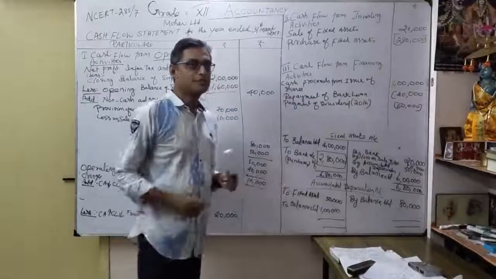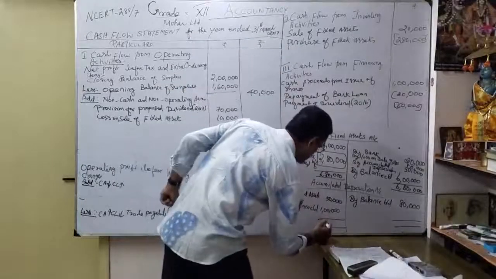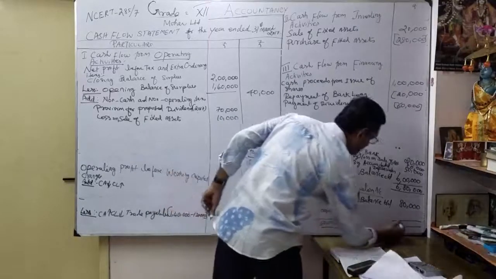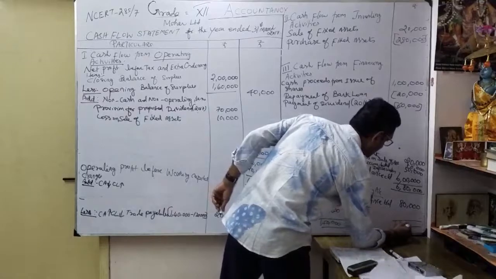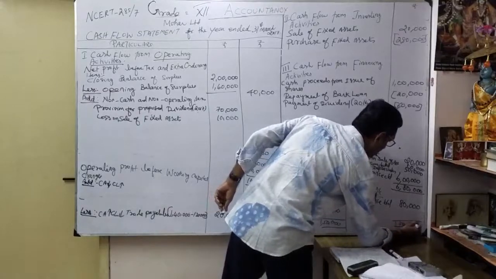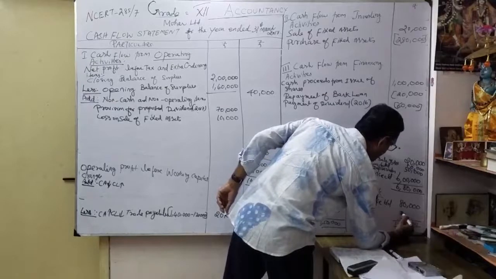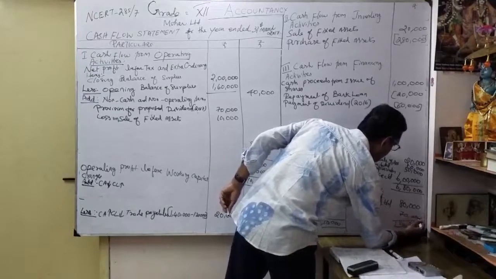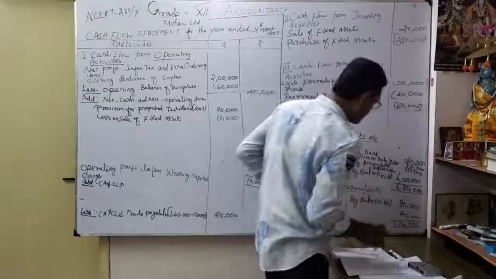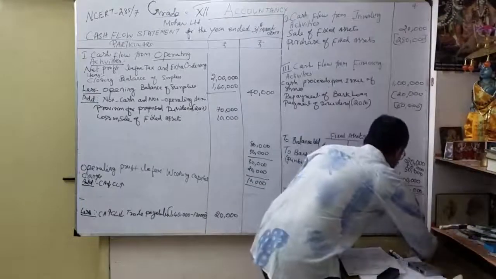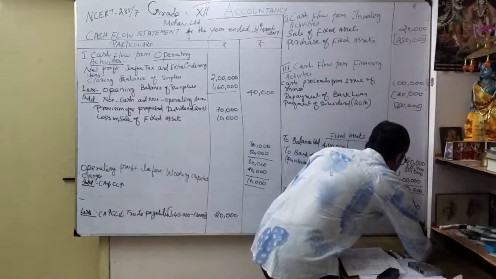Now, depreciation you want to close. Here what is the amount? 1,50,000. Here also 1,50,000. So what is the balancing figure? 70,000. This is the balancing figure. See here. 70,000.